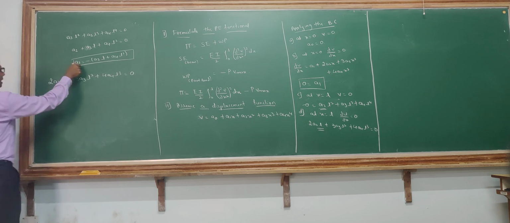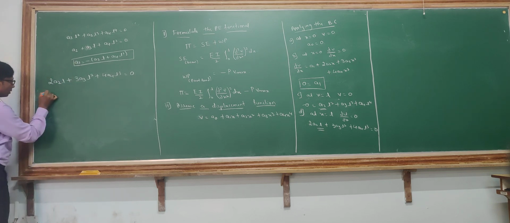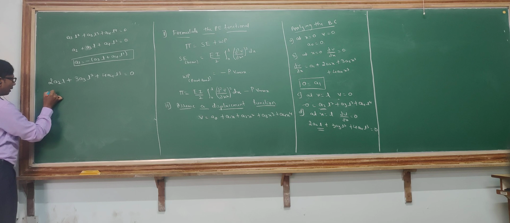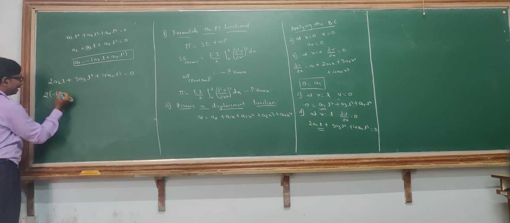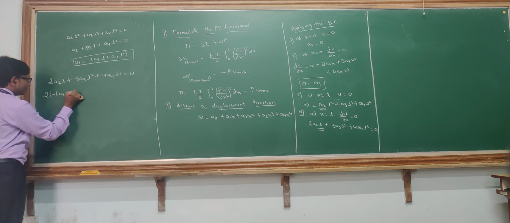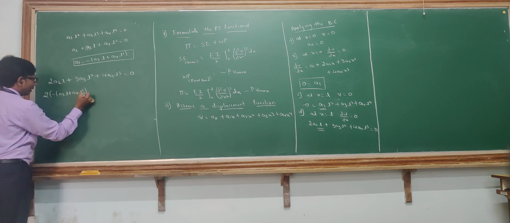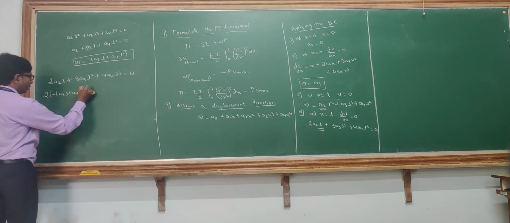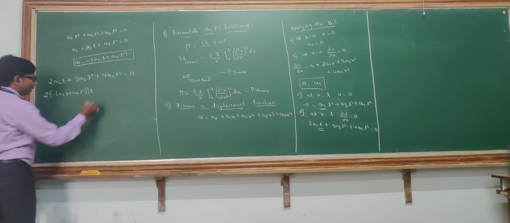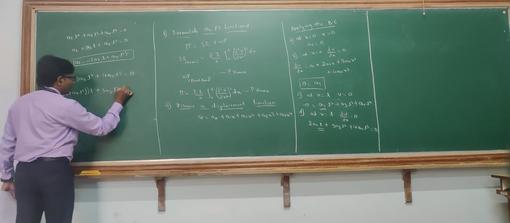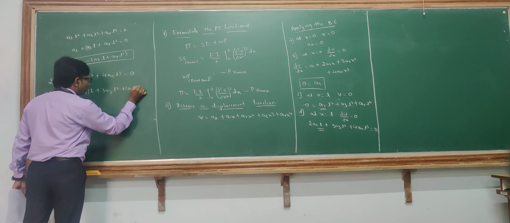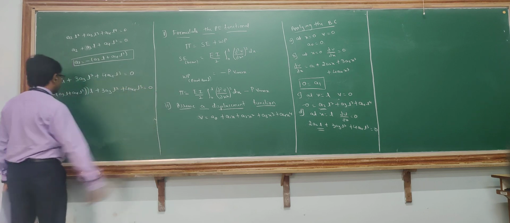I'll substitute what is A2 here. A2 is minus of A3L plus A4L square, into L, plus 3A3L square plus 4A4L cube should be equal to 0.